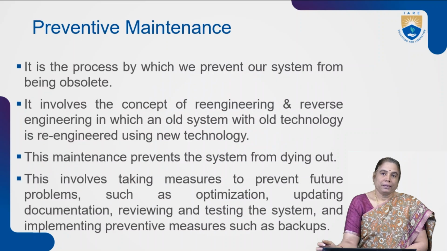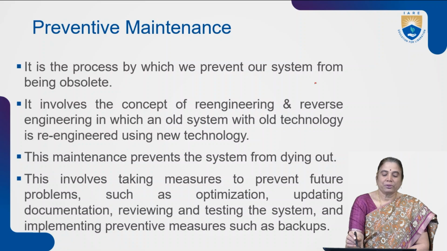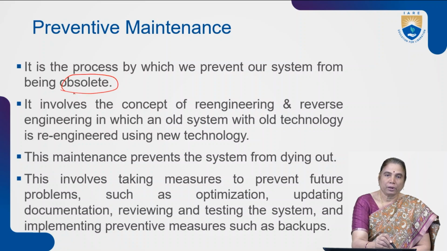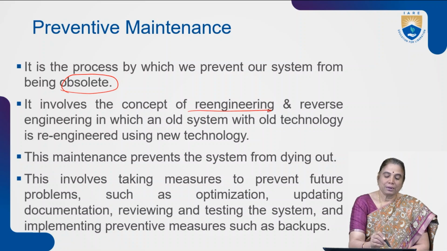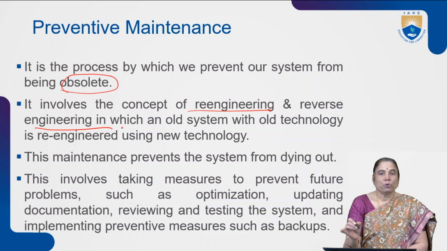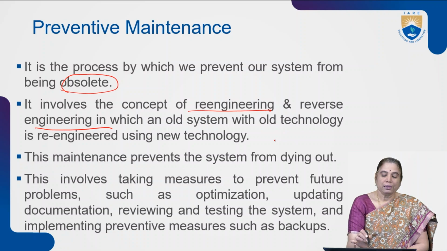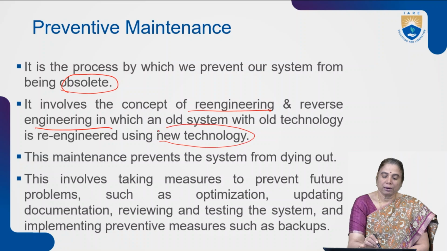The next variety is preventive maintenance. It is the process by which we prevent our system from becoming obsolete. So it involves the concept of reengineering and reverse engineering, in which an old system with old technology is re-engineered using new technology.